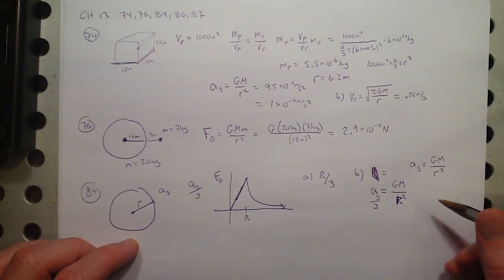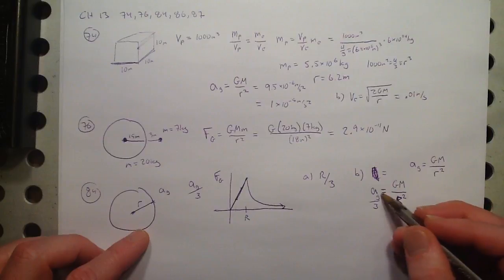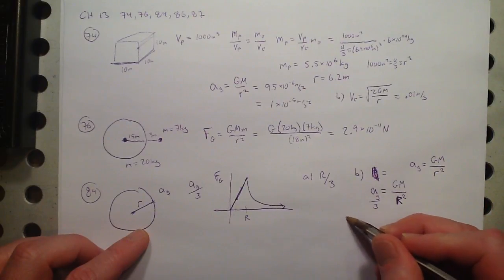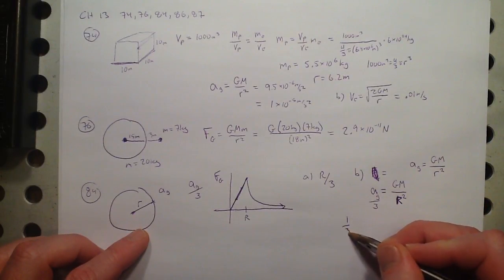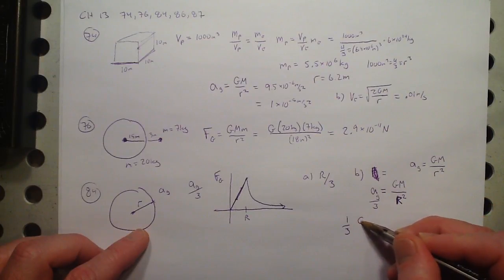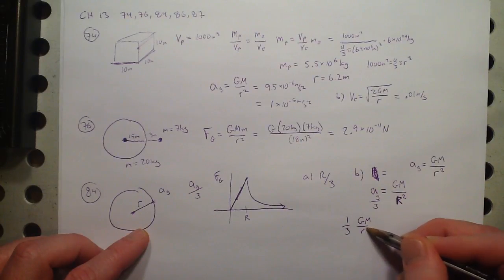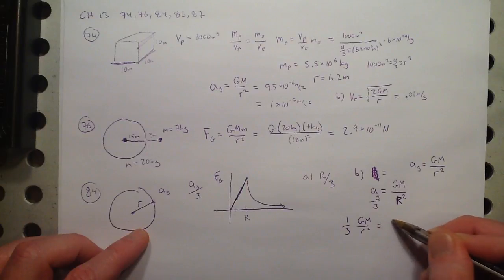So plugging in things that we know into this equation, I can substitute here on this side of the equation. I have 1/3 GM over r squared is equal to GM over that R squared.